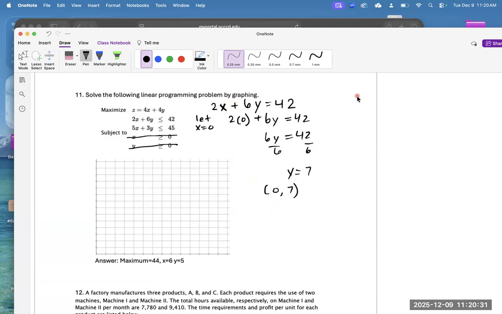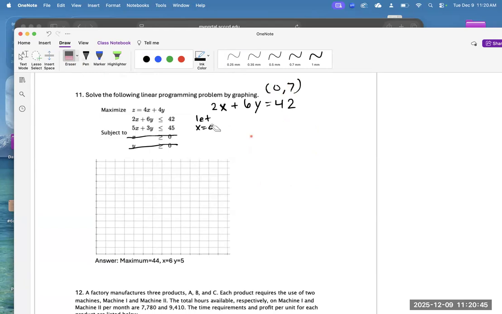But before I go any further, I'll find the x-intercept. Sorry, I'm not sure if I just said y-intercept. Okay, so we're going to let y equal 0. So then that's going to result in 2 times x plus 6 times 0 equals 42.